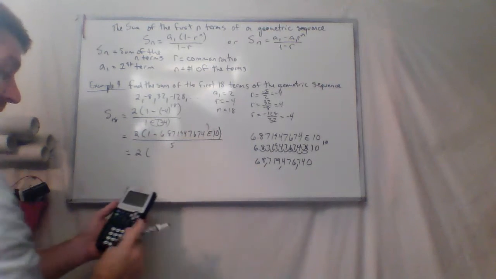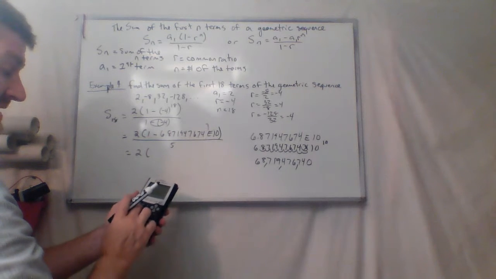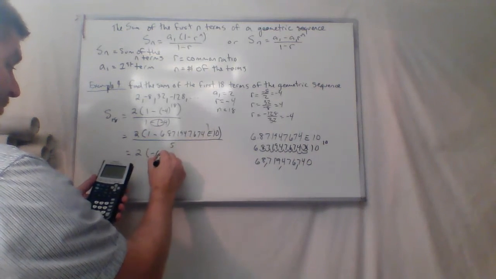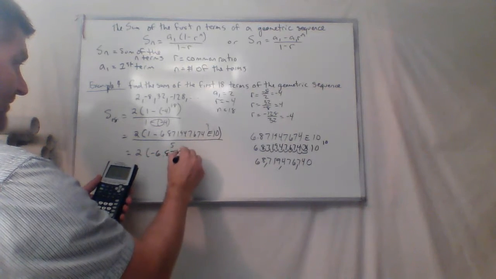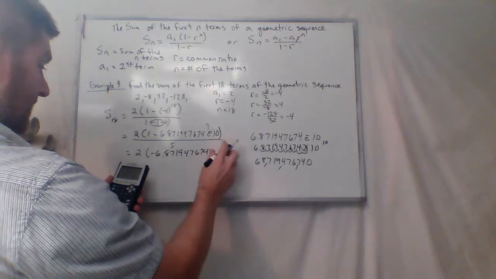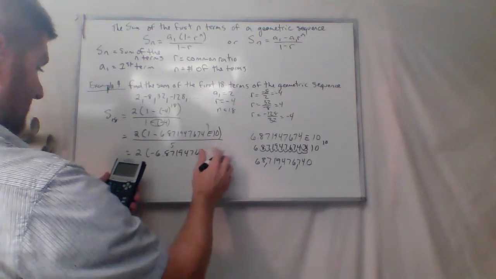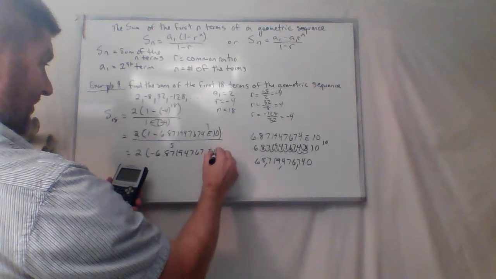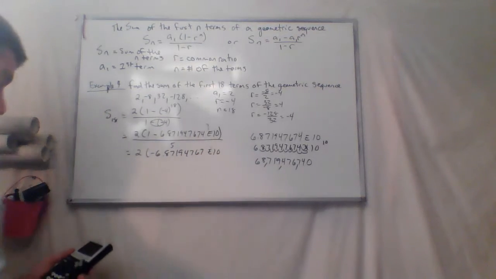What's 1 minus that number? So I got 1 minus x in my case. And I get negative 6.871947674. Actually, now it says 64767 e to the 10th. All right.